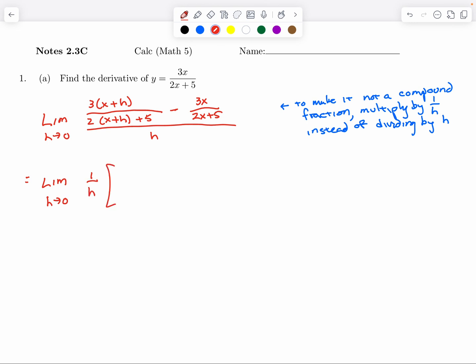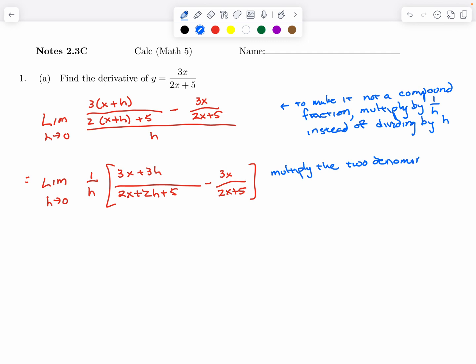Start distributing some of this multiplication. Okay, the two denominators have nothing to do with each other, just like 3 and 5 as denominators.